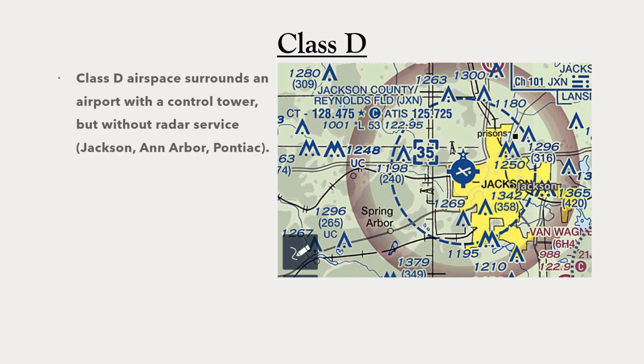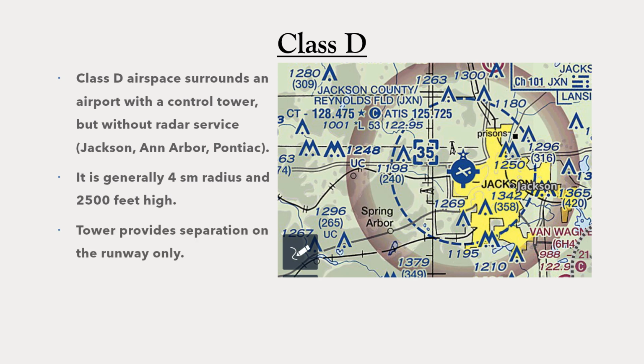So an example in the area of Richmond Field: Jackson, Ann Arbor, Pontiac, those are all Class D airports. The Class D airspace usually goes 4 statute miles radius around the airport, and it's 2,500 feet high from the field elevation.